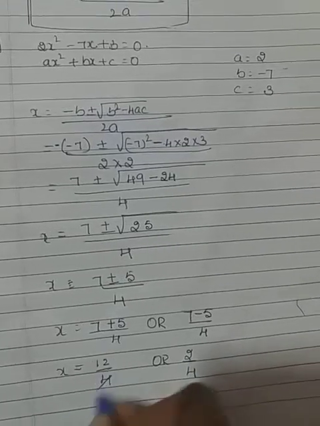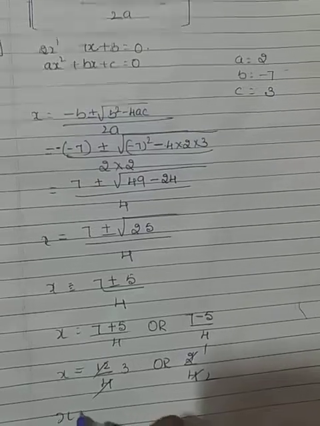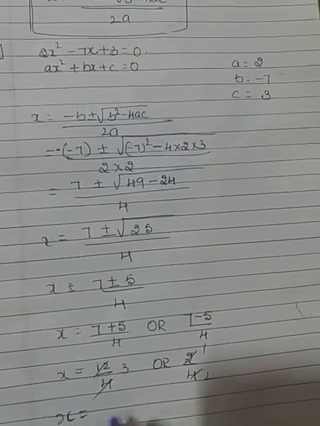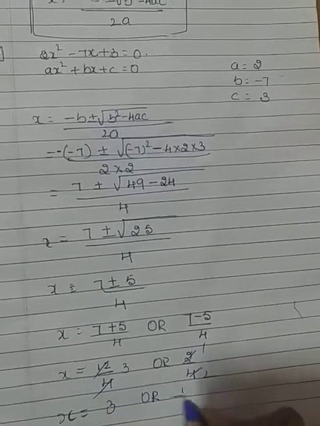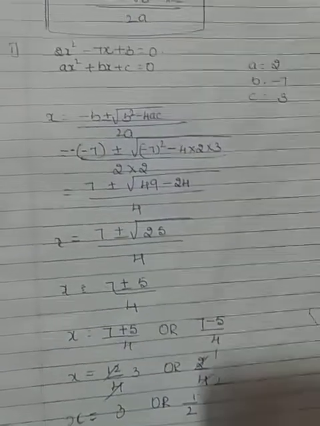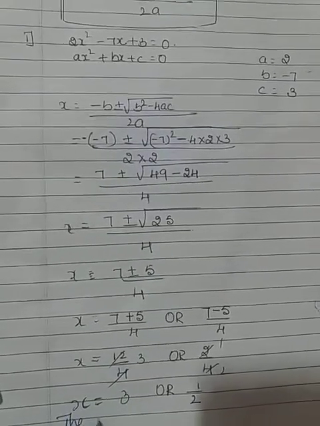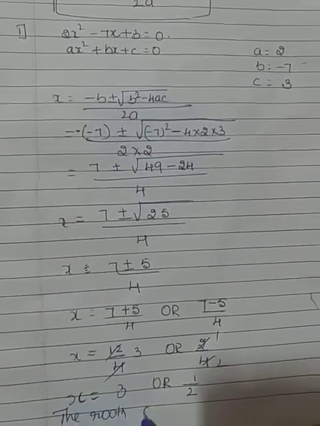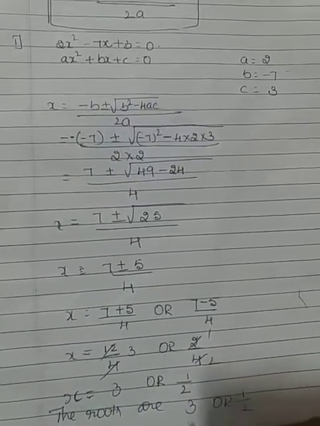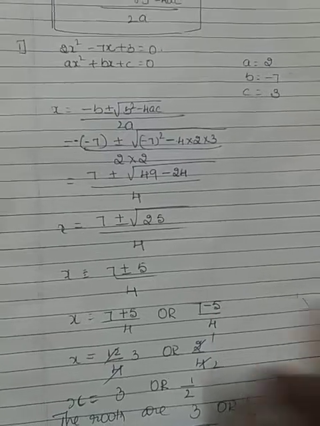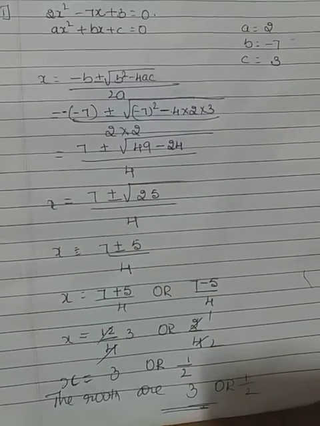So 4 threes are 12, and 2 ones are 2, 2 twos are 4. So x value is 3, or one more value is 1 by 2. Okay, like that we can write. The roots are 3 or 1 by 2. So this is the answer, and this is the method to find the roots by using the formula.